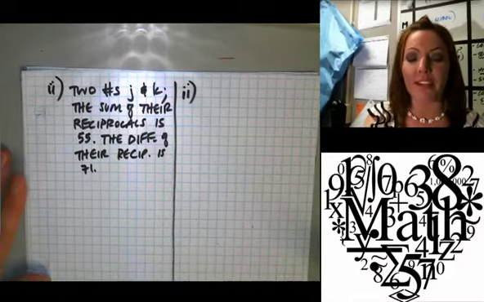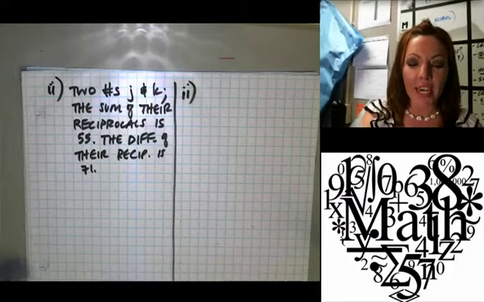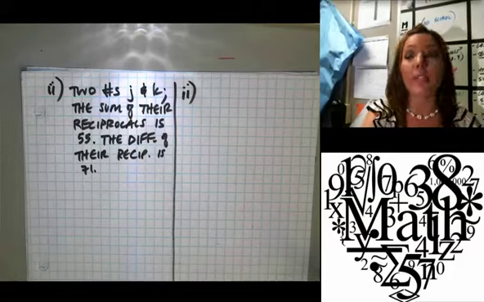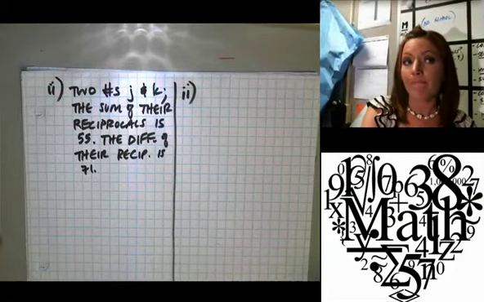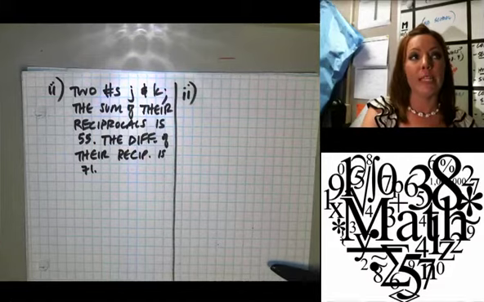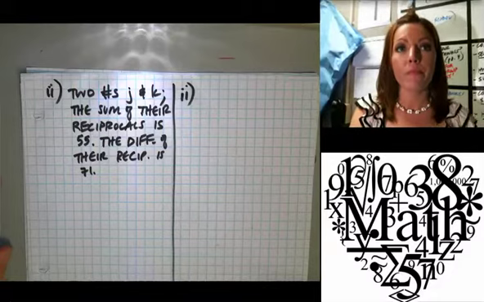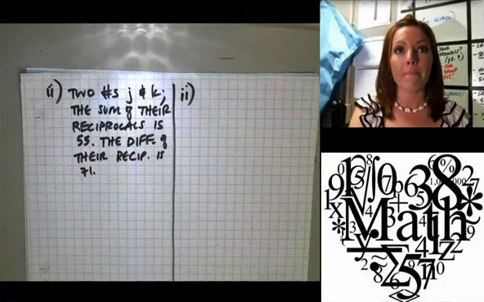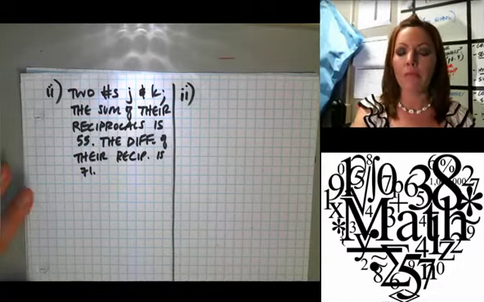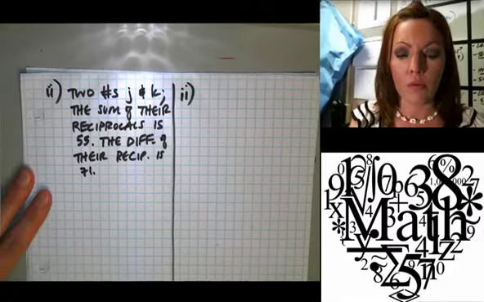Okay. Two numbers j and k, the sum of their reciprocals is 55. Can somebody tell me how they think that would look? Lydia. I don't really know how you get to it, but I'm pretty sure the answer is a fraction. Okay. Well, let me ask a question.